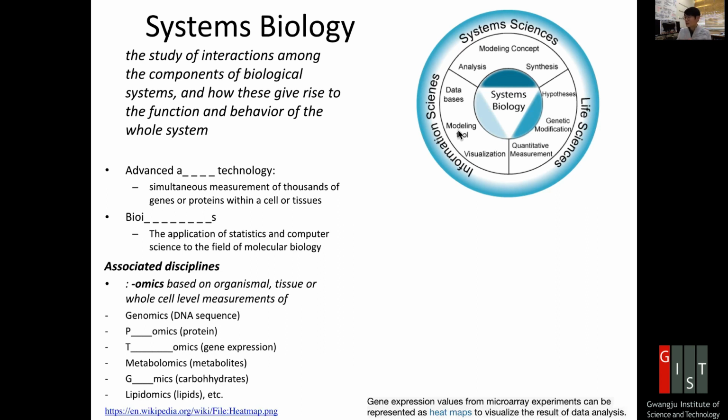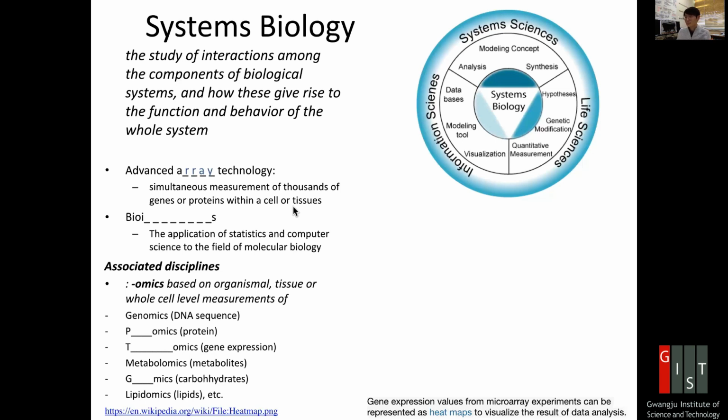So this is possible by advanced array technology. An array is just a grid pattern, where instead of one single measurement, we are talking about simultaneous hundreds and thousands of measurements. So simultaneous measurements of thousands of genes or proteins within a cell or tissue.